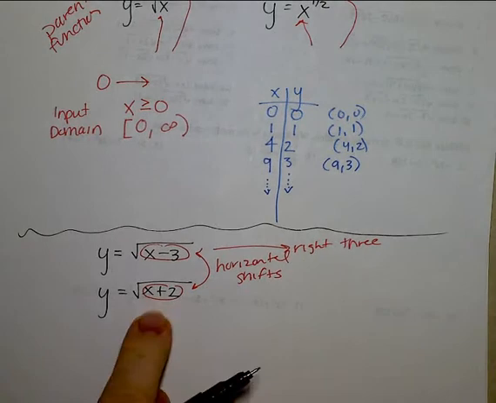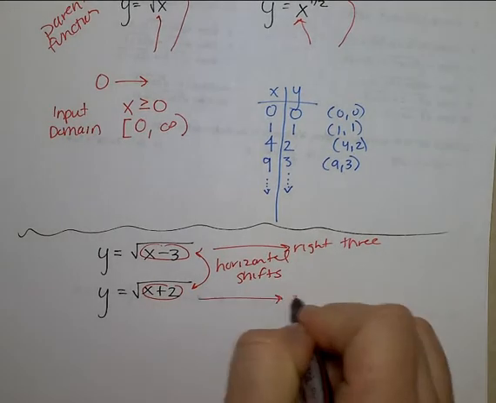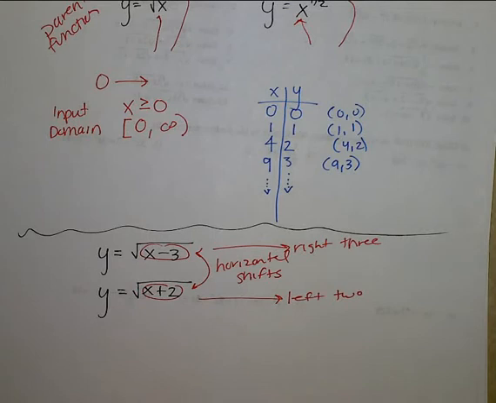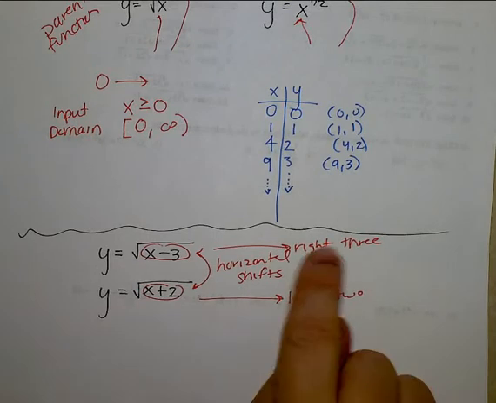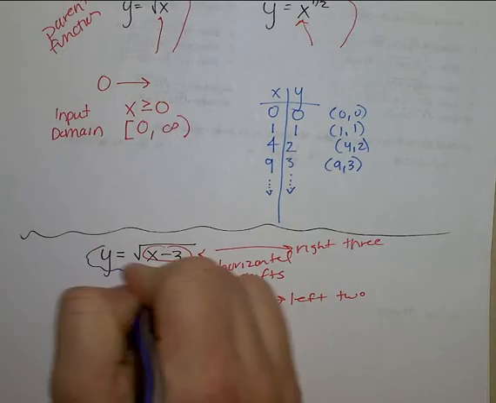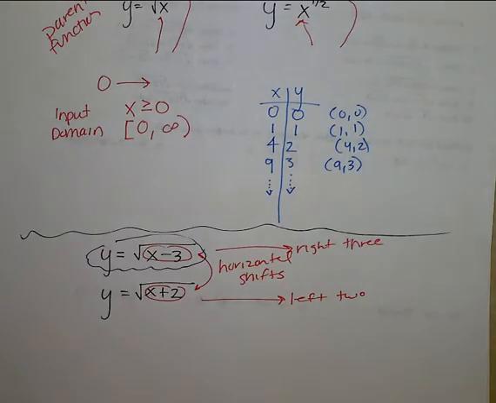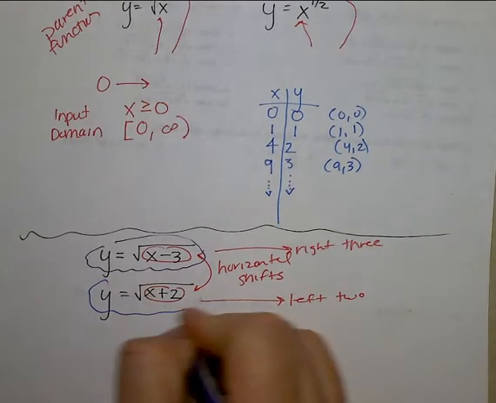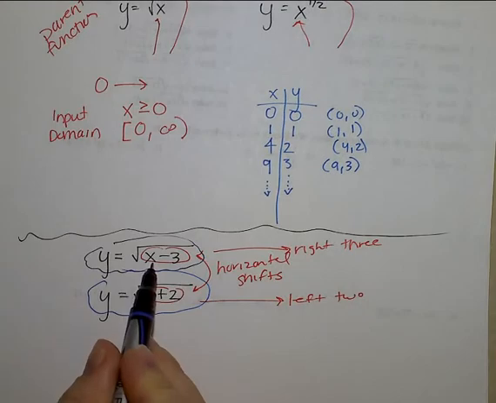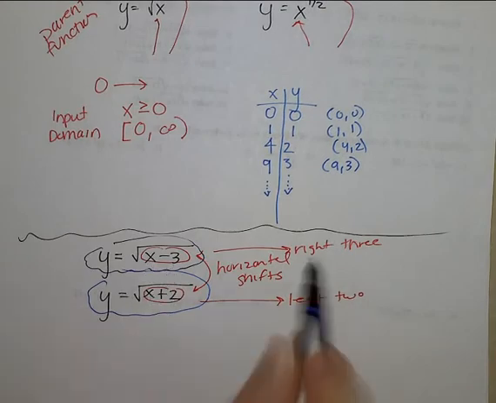And this is going to be to the left 2 units. So I'm going to graph this first one in purple, and then we'll do the second one in blue. I'm going to take all of the x values and simply shift them right 3.